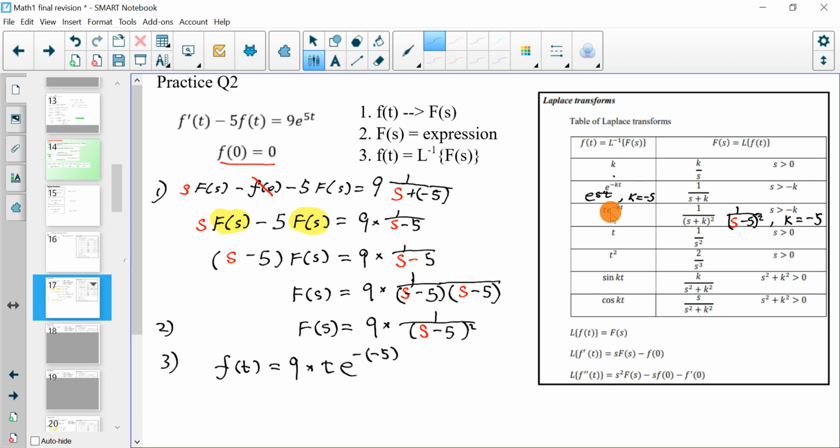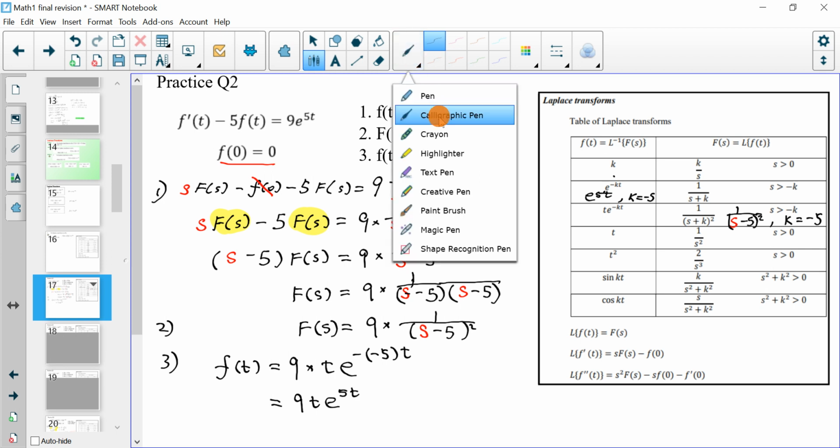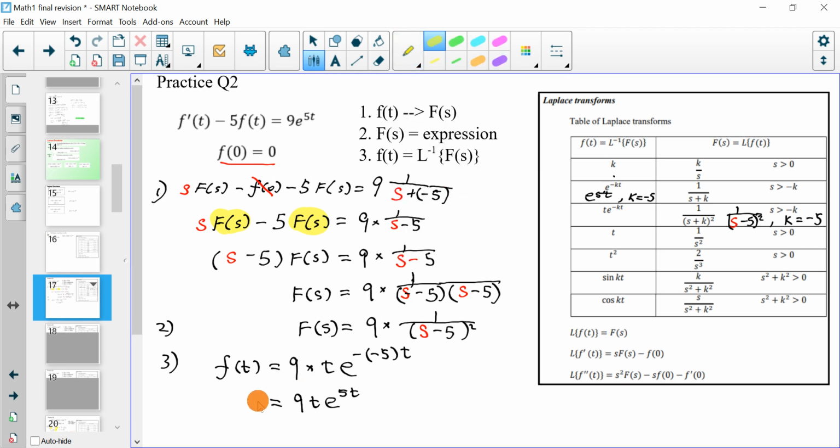So e to the minus k t becomes e to the minus minus 5 t. Minus and minus makes a plus, so my final answer is 9 times t e to the 5t. And that's this differential equation solved. That's the final answer.